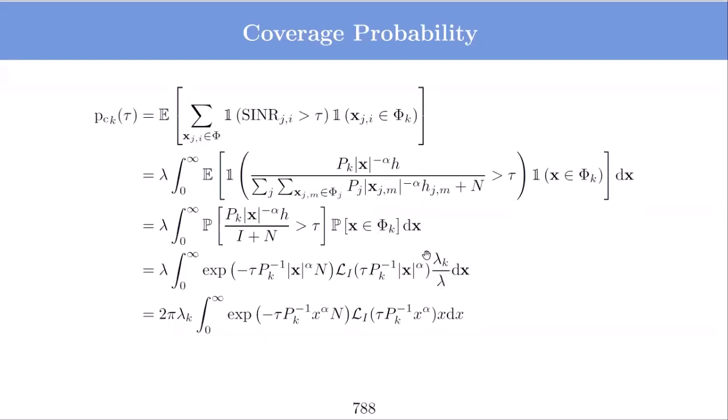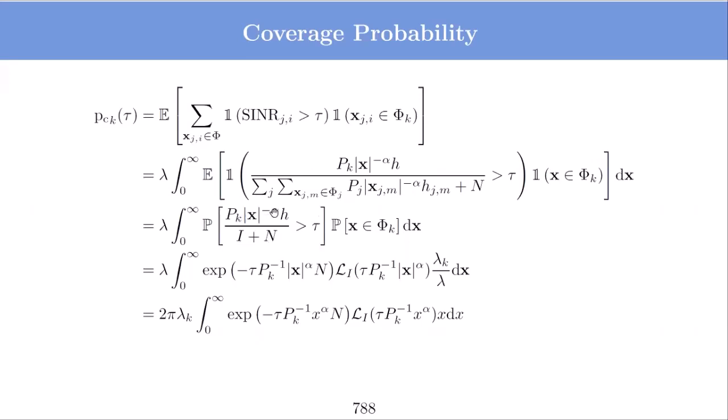You can prove this because phi k has density lambda k, and the total density is lambda. So the probability that the base station is from the kth tier is just proportional to its density.